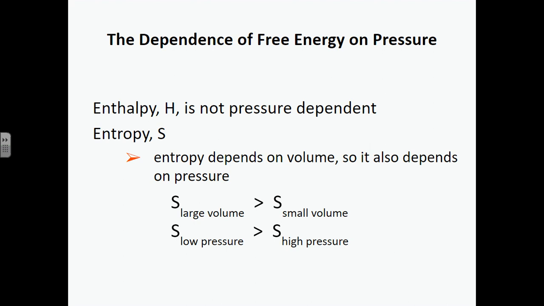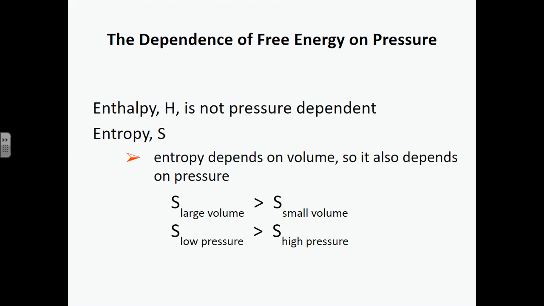Now, tying in this idea of volume and perhaps even pressure to delta S, this goes a little back to the Le Chatelier's relationship. Enthalpy is not pressure dependent. However, entropy is. Entropy depends heavily on volume, so it also depends on pressure. What does this mean?